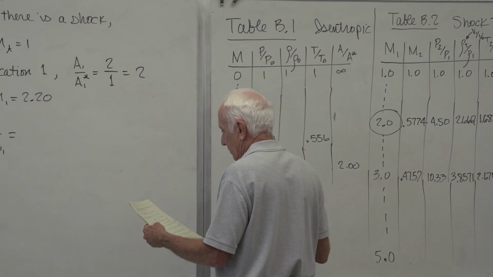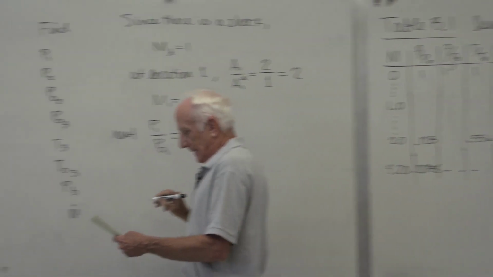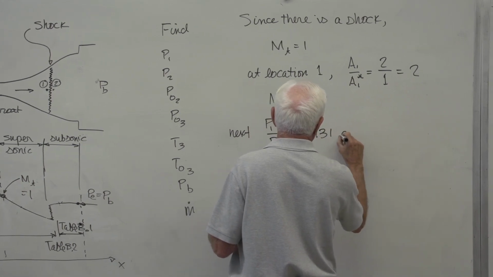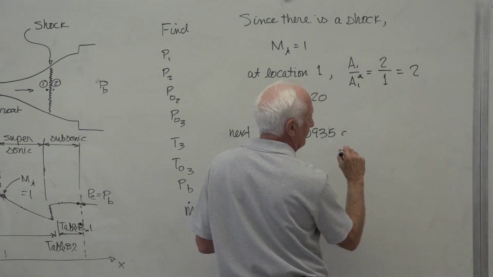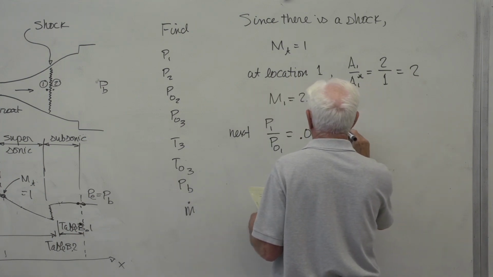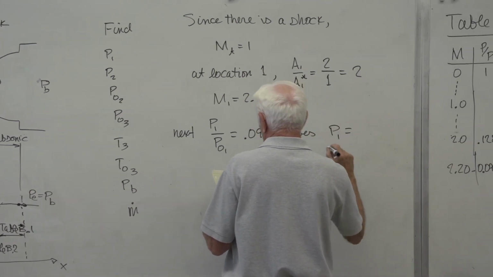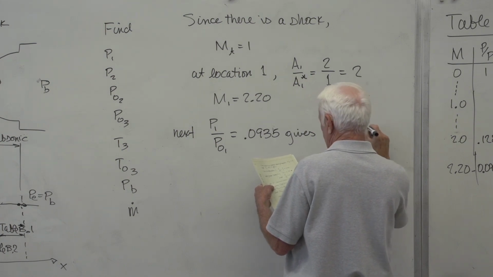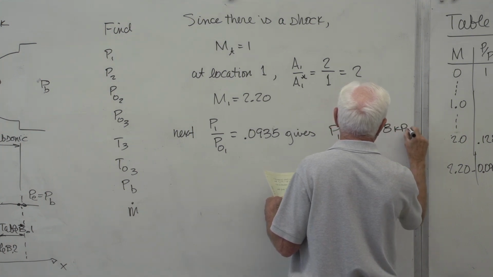So that value 0.0935 gives the static pressure upstream of the shock, 26.08 kPa. Got it.